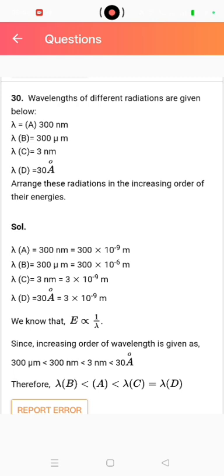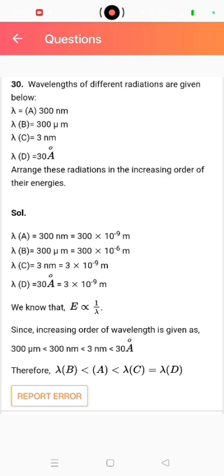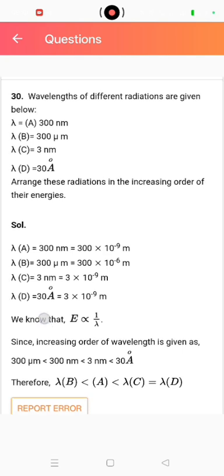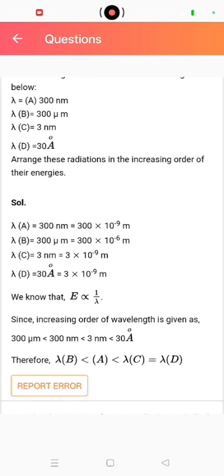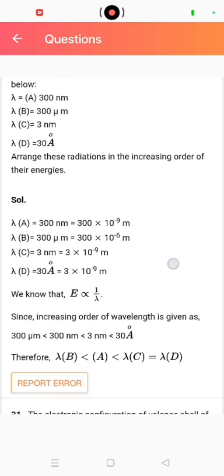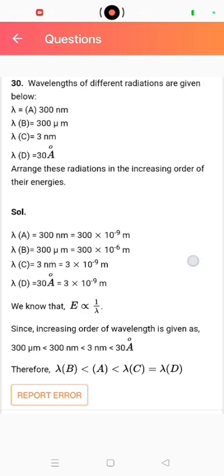Angstrom is 10 raised to minus 10 actually. Here they have given 3 into 10 raised to minus 9. Okay, skip the 30 and take 3 into 10 raised to minus 9. Which one has the increasing order of their energy? Energy is inversely proportional to wavelength. So if we write wavelength in decreasing order, energy will be in increasing order. Okay, clear?